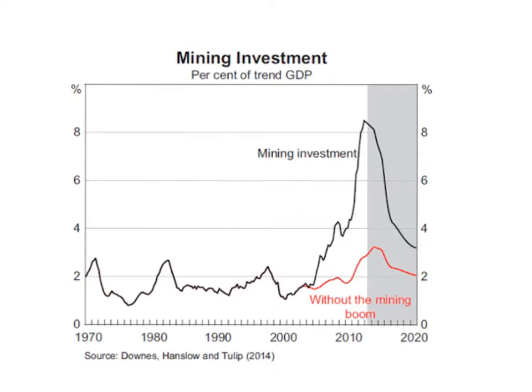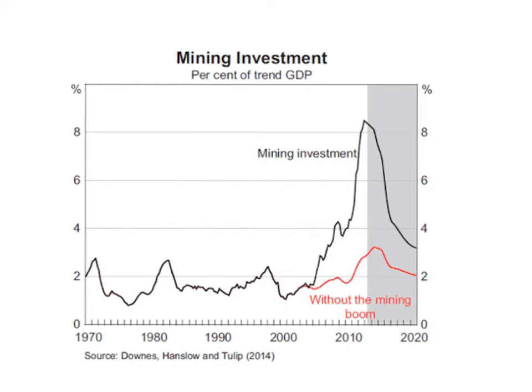And these are all connected, because the funds for the mining investment in Australia in general came from overseas. So it's part of foreign investment in Australia. What we're really seeing here is that the mining investment in Australia drives up the demand for Australian dollars, pushes up the Australian dollar exchange rate.